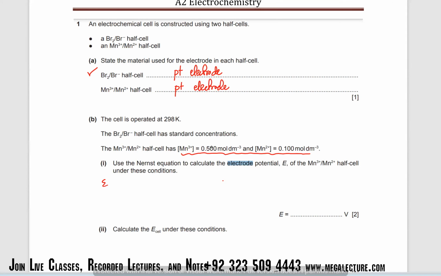So what was the Nernst equation? E is equal to E naught, the standard potential, plus 0.059 divided by Z, and log of oxidized over reduced.